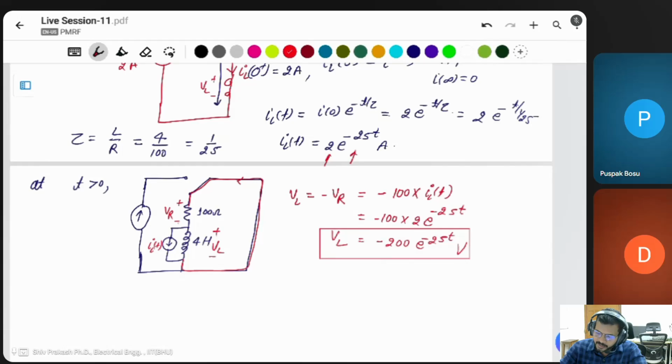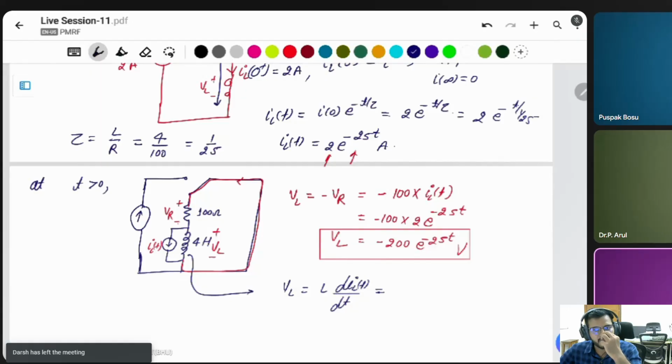For this simple circuit, if you are confused, you can simply apply the inductor voltage formula you know, L di by dt. The voltage of the inductor is L di by dt.